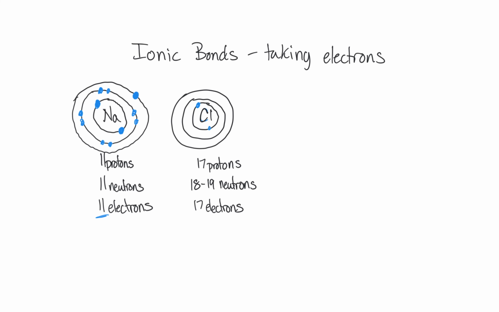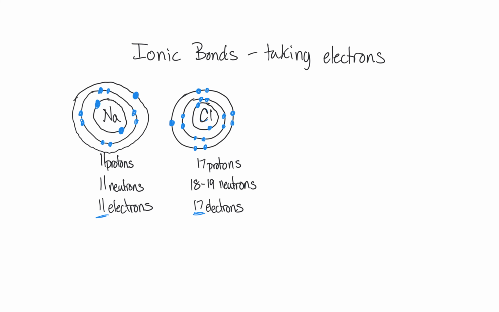In the first shell, we have our 2 electrons. In the second shell, we have 8. 2 plus 8 is 10. 17 electrons minus 10 leaves 7 more. So in the outermost shell, we have 1, 2, 3, 4, 5, 6, 7.